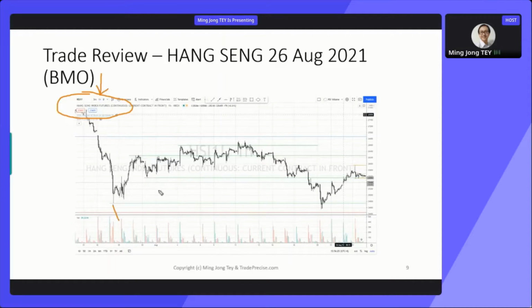You can see the swing low, the axis line, support becoming resistance, and this is support again. Nothing complex. It's just a few lines that give me a feel for what's going on with Hang Seng. We can also notice that it's within a big trading range, probably just fluctuating up and down.